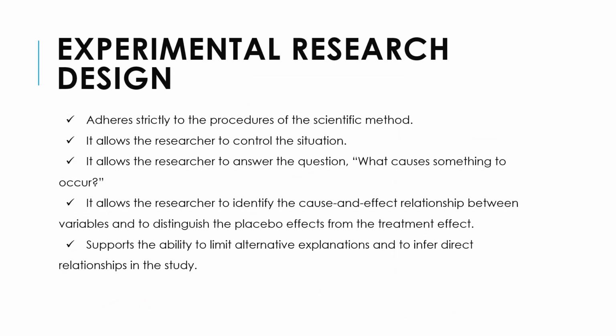So, experimental research design. Pag sinabi nating experimental research design, sabi dyan, adhere strict to procedures of the scientific method. So, ibig sabihin, kung magamit tayo ng proper procedure, tinatawag nating scientific method, so yun siya.